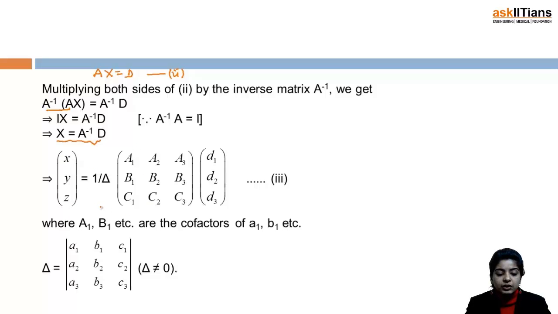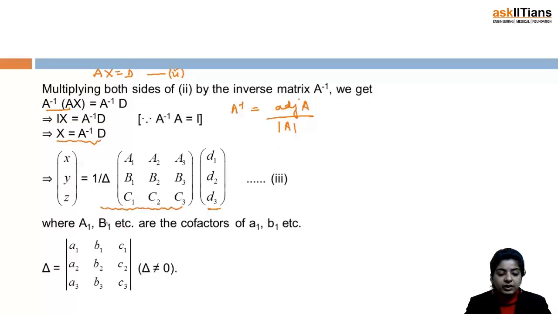Now A inverse we know would be this. This is A inverse into D was this. Now A inverse we know, in inverses we have discussed, A inverse is adjoint of A divided by determinant of A, and adjoint of A is the transpose of the matrix of cofactors.